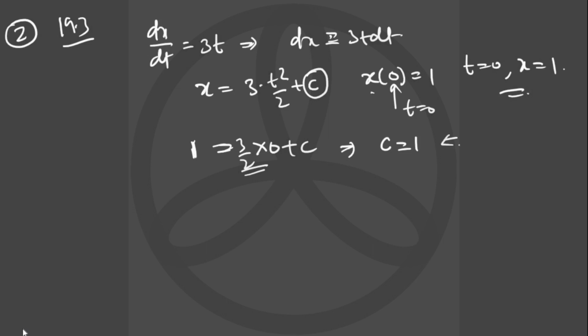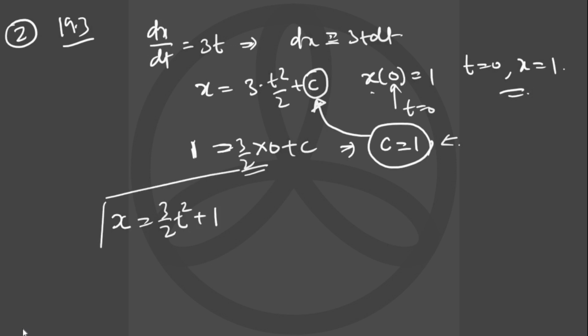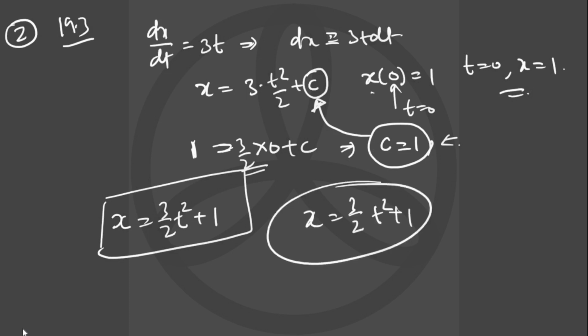So now our next step will be to substitute the value of c here to get our equation. So we get x is equal to 3 by 2 t square plus 1. Now you can see this particular equation has no unknown constant. The only constant is 1, which is known to us, and our answer will be 3 by 2 t square plus 1. Right friends, so we move to the next one.